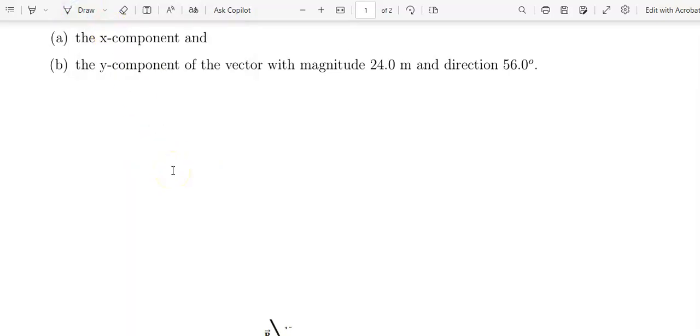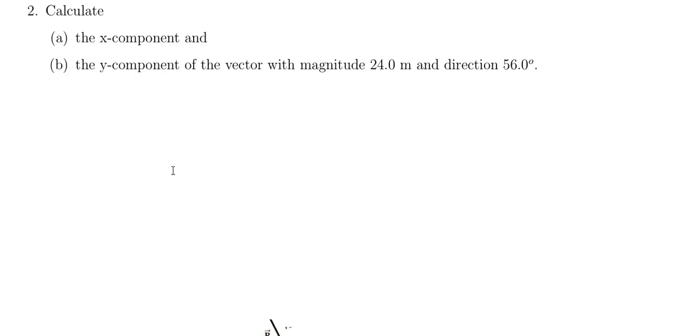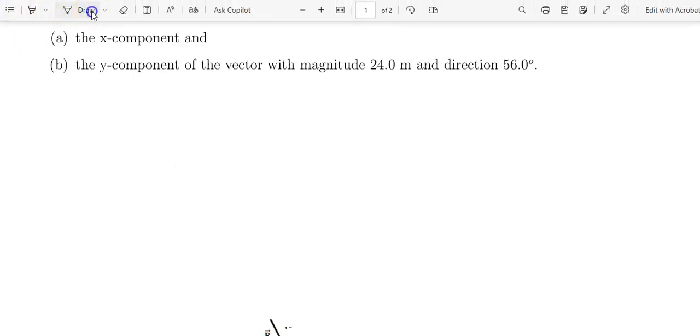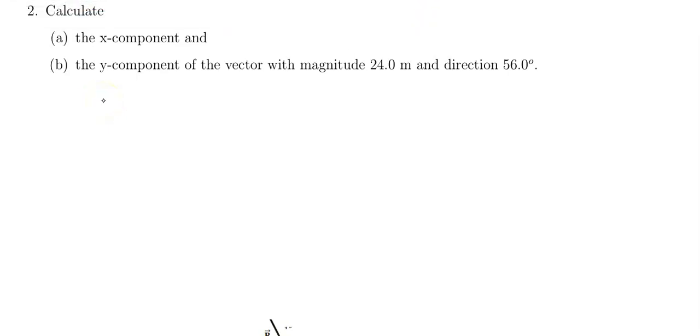Okay, so if you have been given a vector, let that vector be vector A. If you have been given vector A, then you are asked to find the x component in the first place.